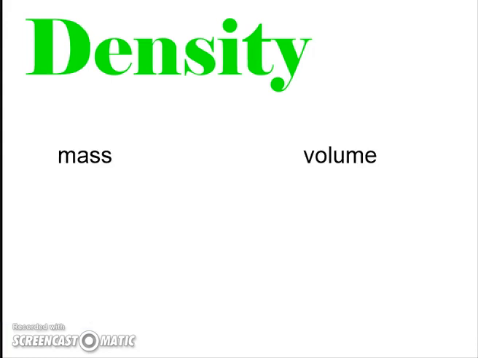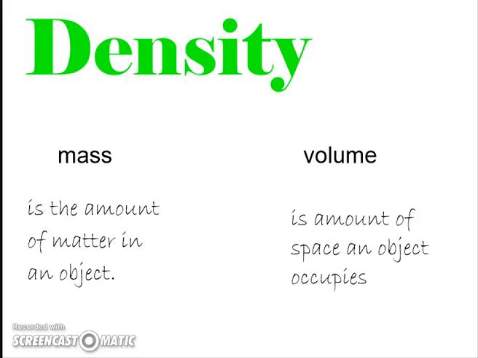Now, there are two measurements that you need to find density. You need to find the mass of the object and the volume of the object. Now, the volume you might remember because you've talked about it many times in math. And the mass, however, is the amount of matter in an object. So if it's more massive, it's going to have a lot more matter in it, right?